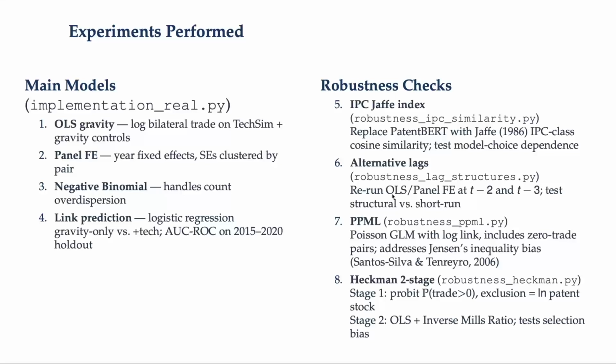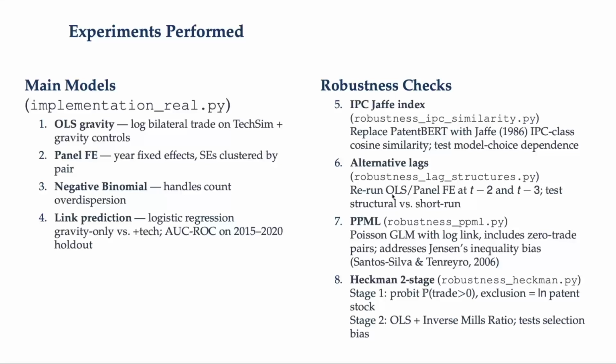But I use Patent S-BERT to replace that old method. And I checked with alternative lags. I used technology similarity with time lag 1, but I also tested time lag 2 and time lag 3 correspondingly. Then I used a Poisson GLM to check the Jensen's inequality bias.